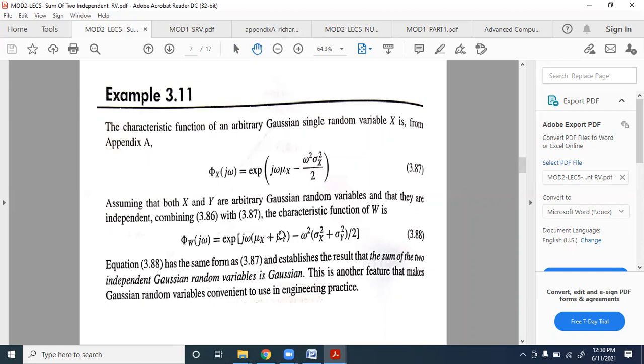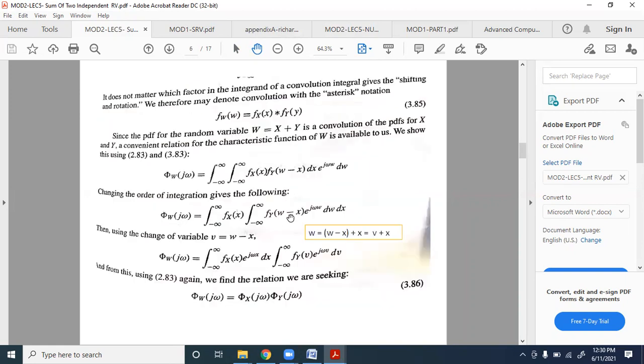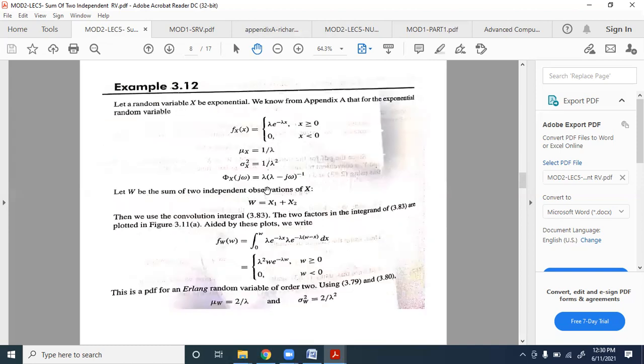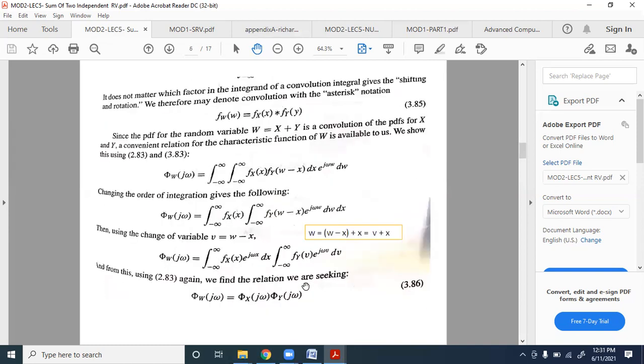And if we multiply these two, we are going to get this function. In this function we substitute phi x and phi y from equation 3.87, which is used in the equation 3.86.